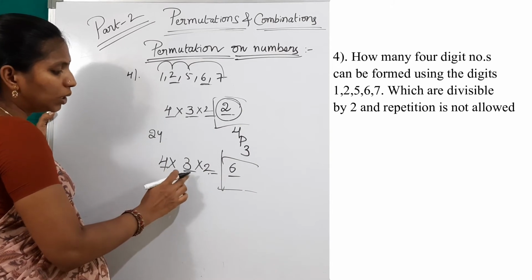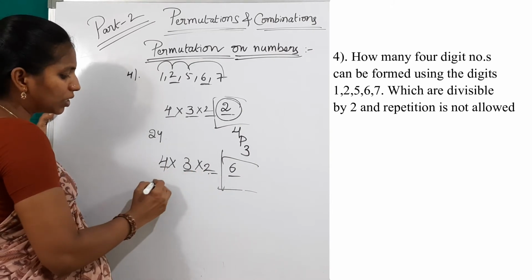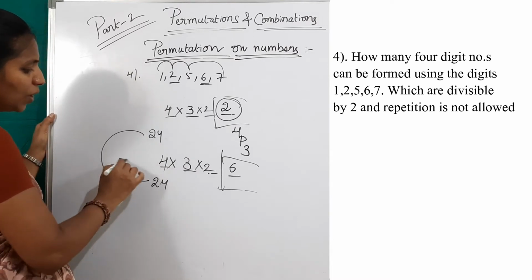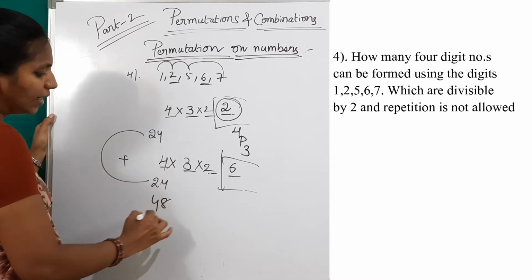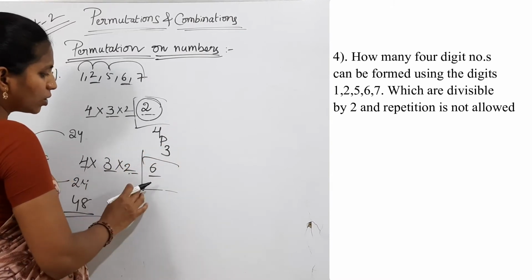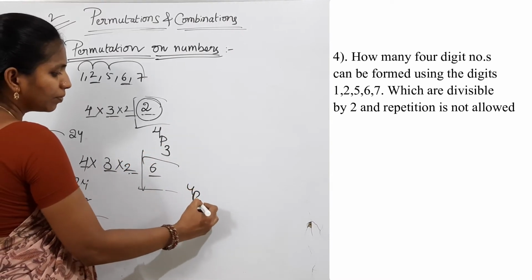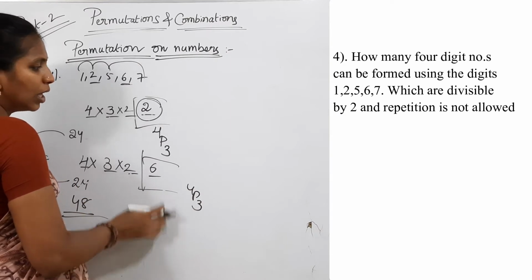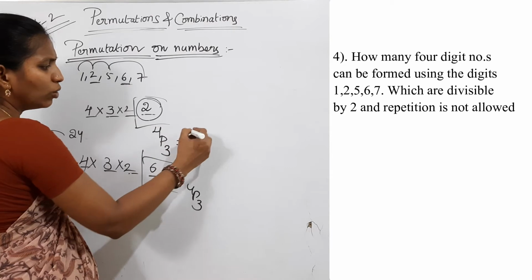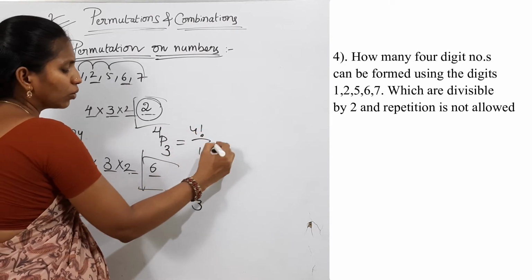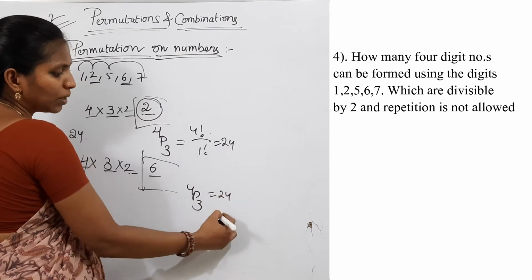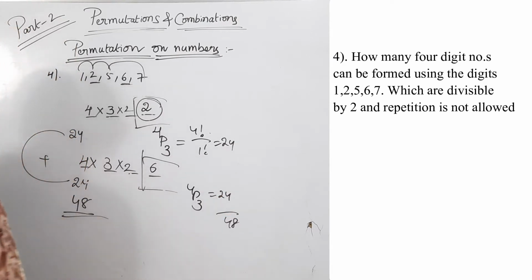So 4 into 3 is 12, 12 into 2 is 24. Totally 24 plus 24, 48. Here 4P3, and again here 4P3. 4P3 is 4 factorial by 1 factorial, that is 24. Here also 24. 24 plus 24 is 48.